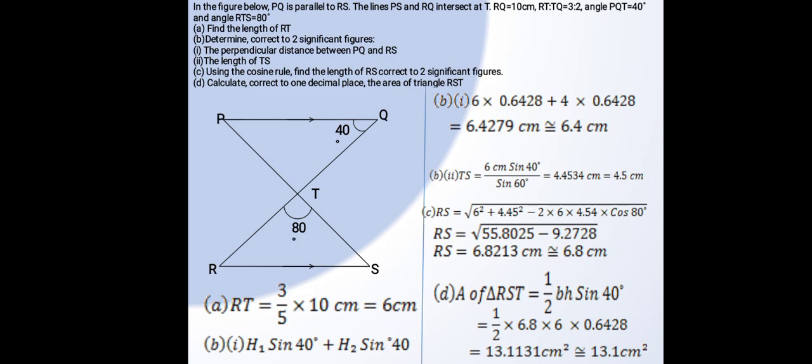Sorry, what I've written as 4.54 is a mistake. It should be 4.45. So if you compute that, we get 6.8 centimeters. But you have been asked, calculate correct to 1 decimal place the area of triangle RST. The area of triangle RST, we use half base times height times sine 40, and the area is 13.1 centimeters squared.